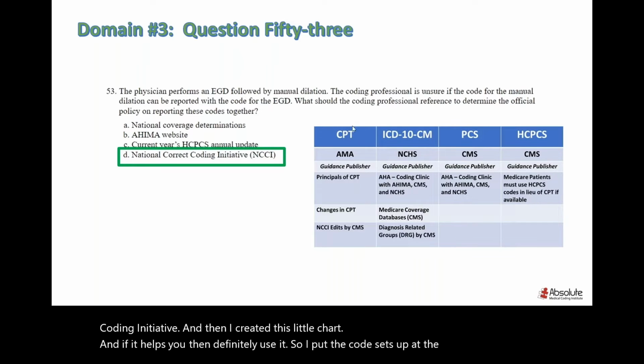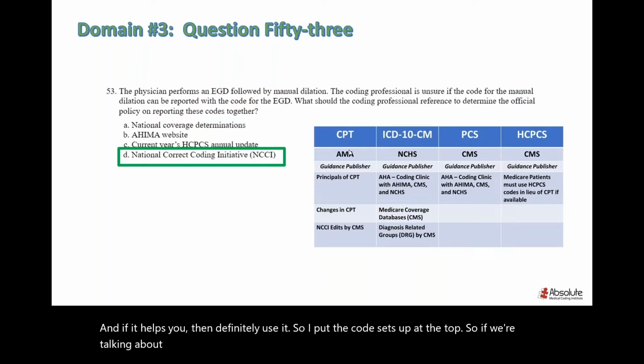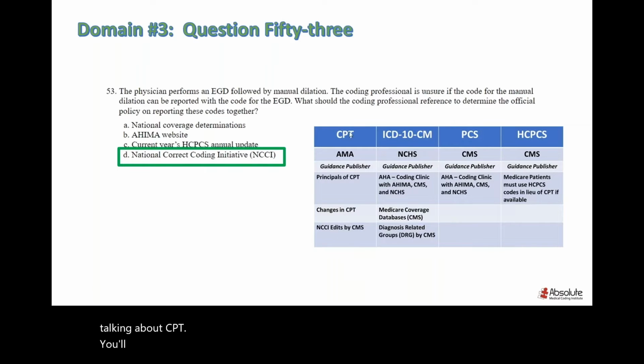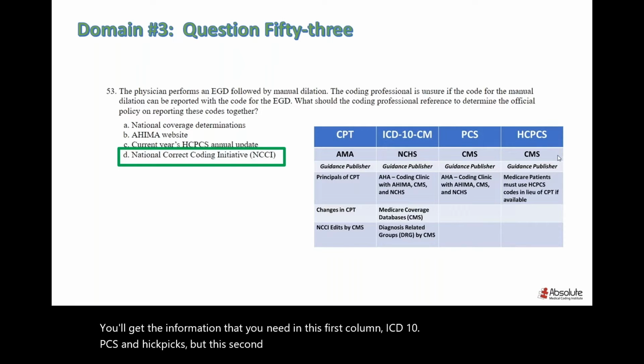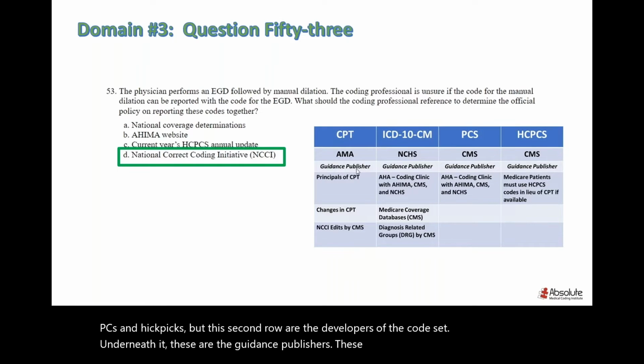If we're talking about CPT, you'll get the information that you need in this first column, ICD-10 PCS, and HCPCS. But this second row are the developers of the code set. Underneath it, these are the guidance publishers. These people publish the guidelines that surround it.